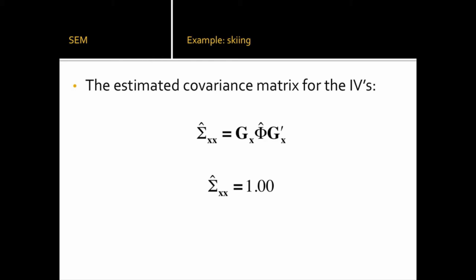And that was the one for F1, which was our predictor in this model, which we had set to 1 originally as our variance. So when we're setting a variance to 1 for F1, that is our start value. And all we're doing here is pulling that 1 out of the phi matrix and including it in our ultimate covariance matrix as well.